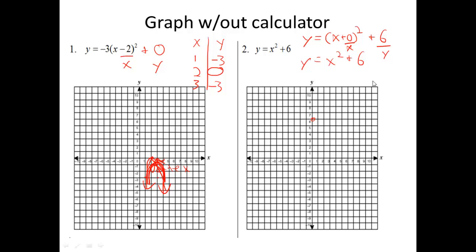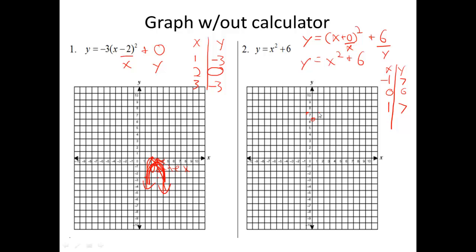And again, create our table with 0 and 6, x and y. And we'll go -1, 1. So when x is a -1, -1 squared is 1, plus 6 is going to be 7. 1 squared is still 1, plus 6 is again 7.